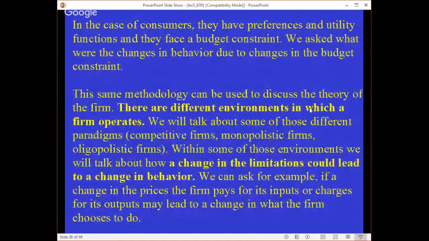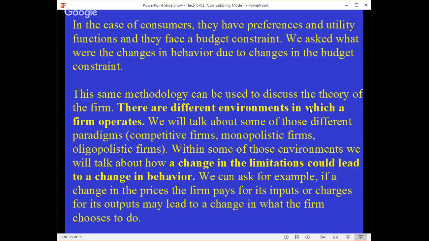So in the case of the consumer, they have preferences and utility, and they face a budget constraint. We asked, what were the changes of behavior due to a change in the budget constraint? We're going to use the same methodology for the firm. In fact, mechanically, it's almost identical, but we're talking about the firm instead of a consumer now. The firm can operate in different environments, which we'll talk about after the first midterm.